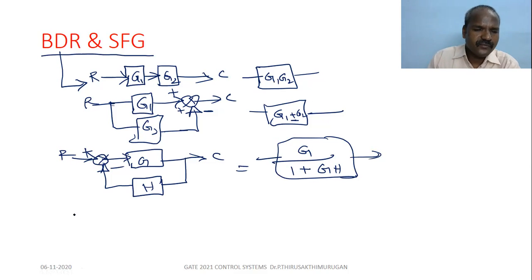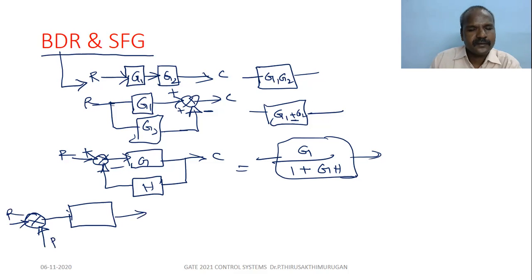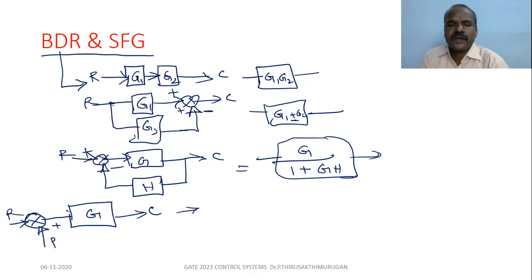If the summing point is ahead of the block, say this is R, this is P, this is C, and you want to shift it after the block, then the same gain G is placed.